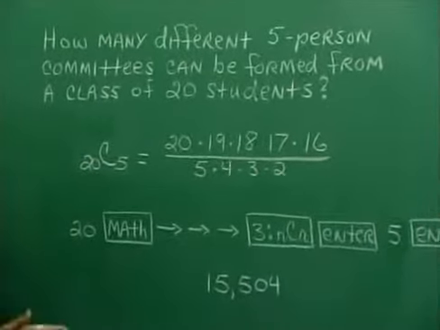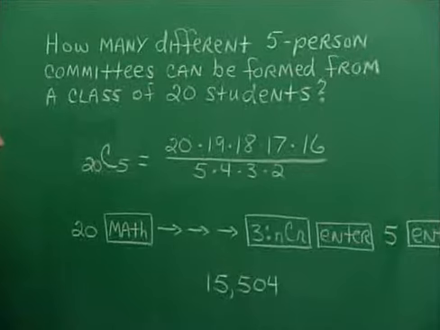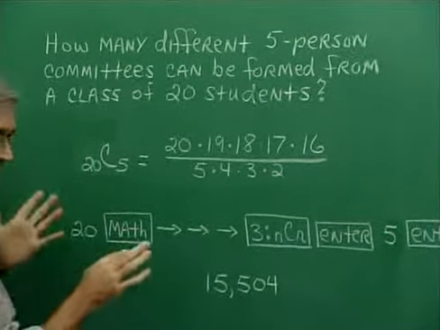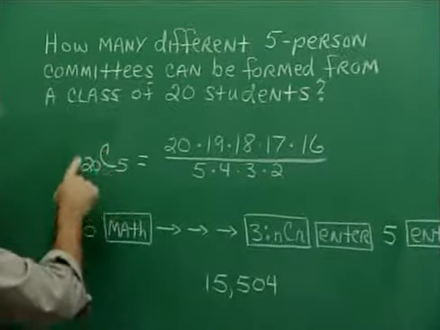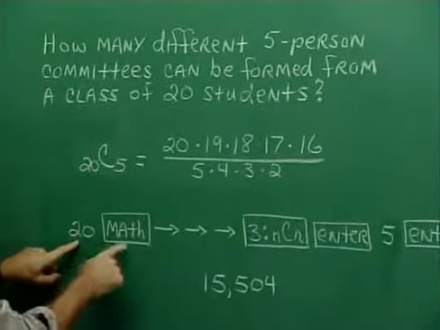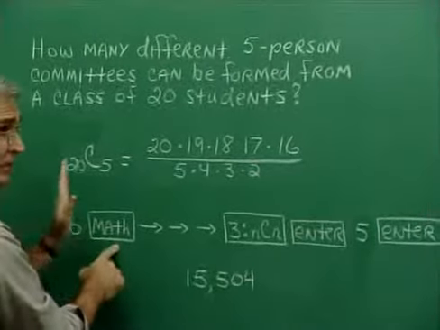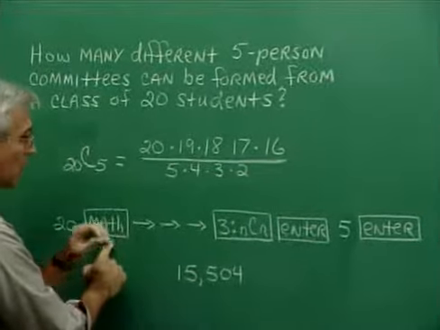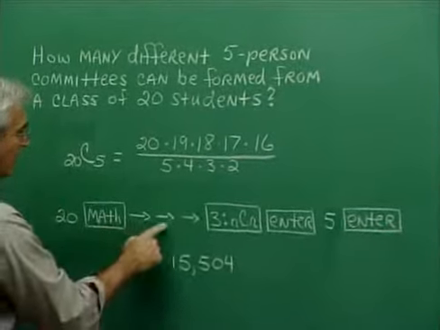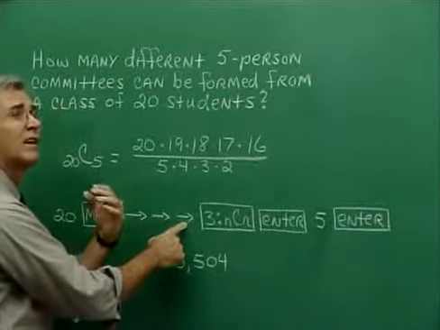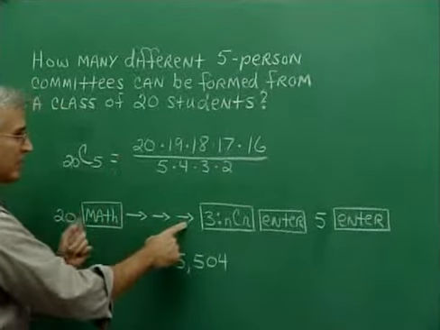Now we can gain some efficiency by using the calculator, and in the calculator we find the combination formula like this. To make this calculation, you would press 20 and then press the math button, and that gives you a menu with several items at the top. You need to scroll over all the way to the right. So you press the right arrow button 3 times and you get to a menu that is labeled, I think, PRB for probability.